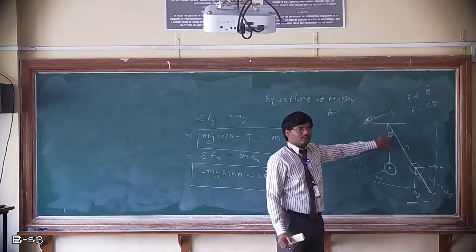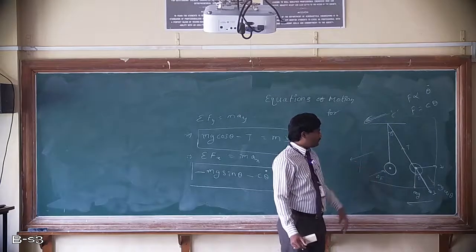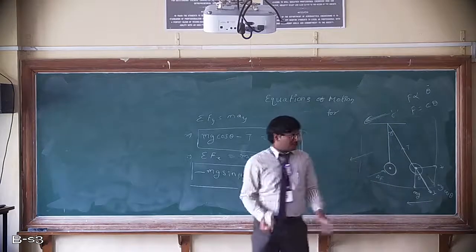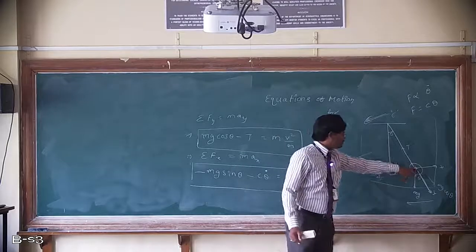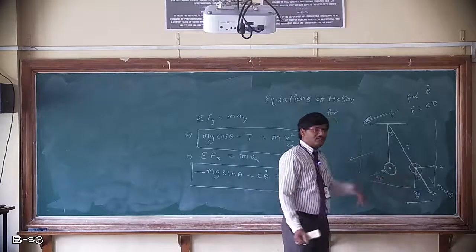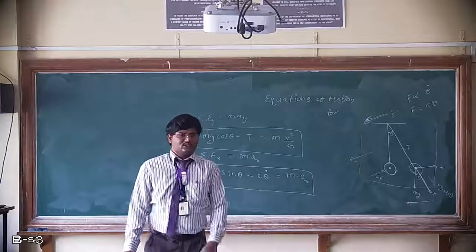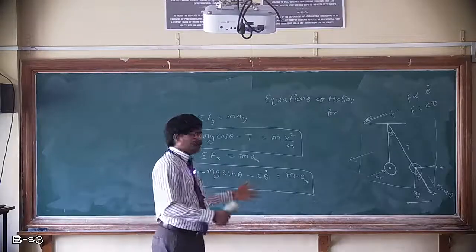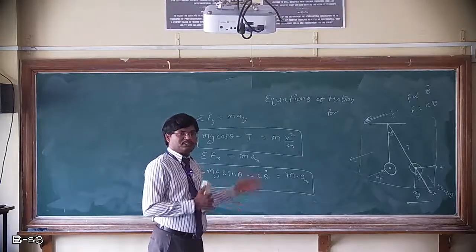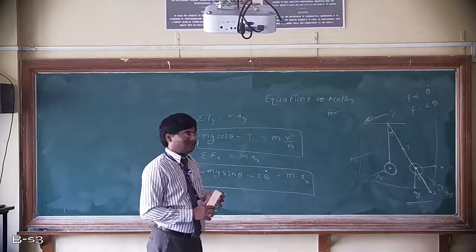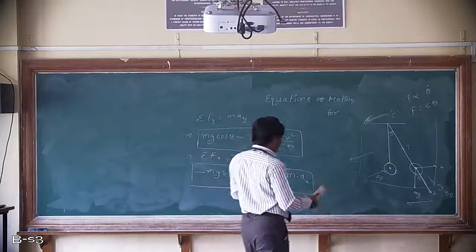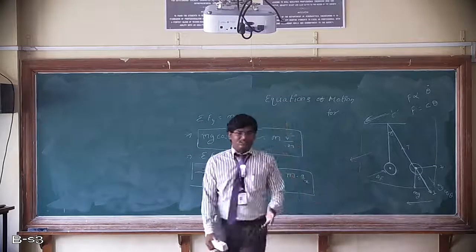After some time t, physically you can say that if you give a disturbance, it will oscillate to and fro and finally come back to the original position. We know that, but what is our agenda? We have to prove this by mathematics, using our engineering mathematics knowledge.